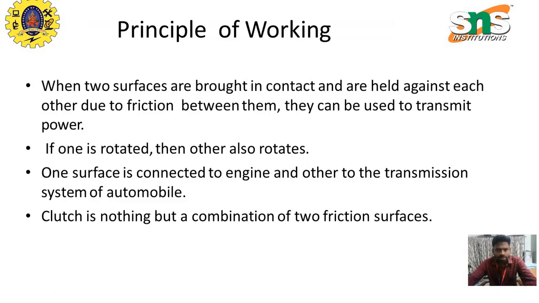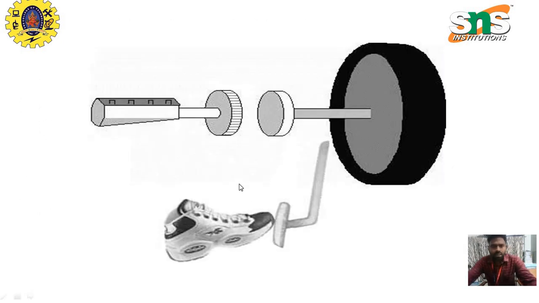What is the working principle of the clutch? When two surfaces are brought in contact and held against each other due to friction between them, they can be used to transmit power. While pressing the clutch pedal, the engine is disconnected from the transmission unit.